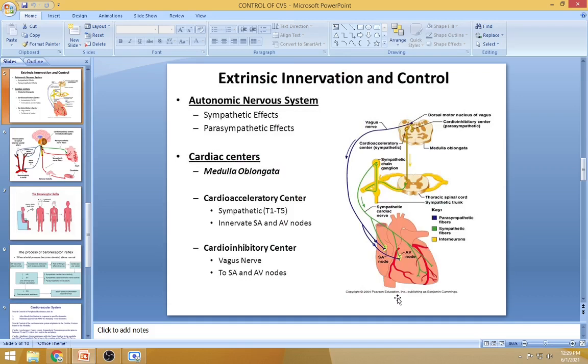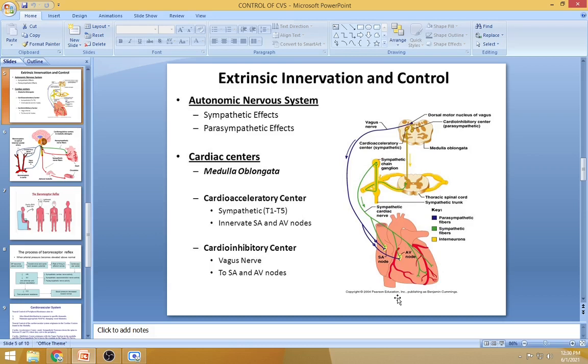Okay, so to sum up, we have this neural control, which is extrinsic. It's an innervation because the heart is being innervated by two nerves, the sympathetic nerve and the parasympathetic nerve. It's extrinsic because it's outside the heart. As I've said earlier, you have an intrinsic mechanism as well that helps in the contraction of the heart, and that is generated from the SA node.